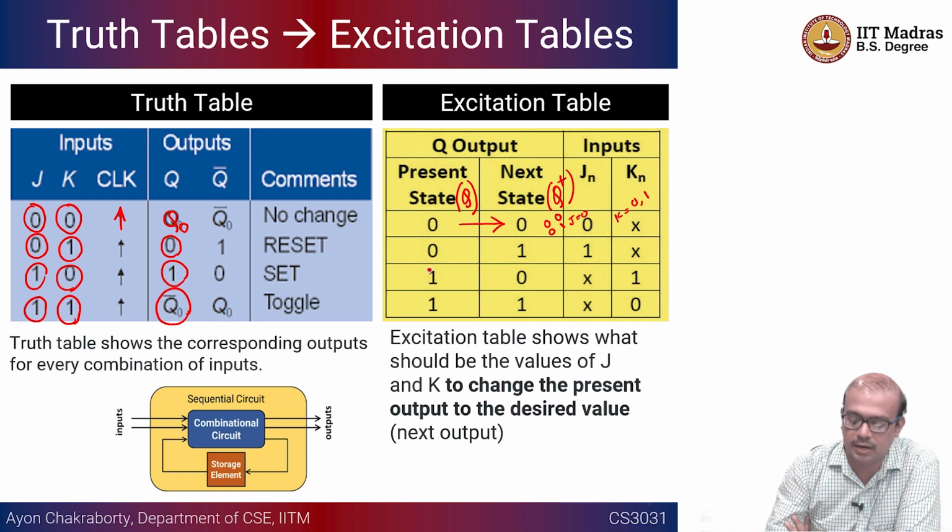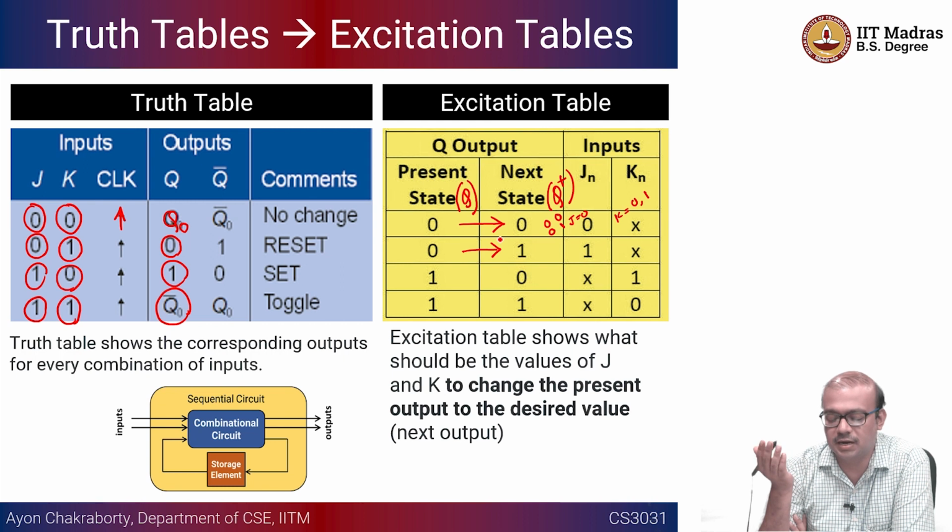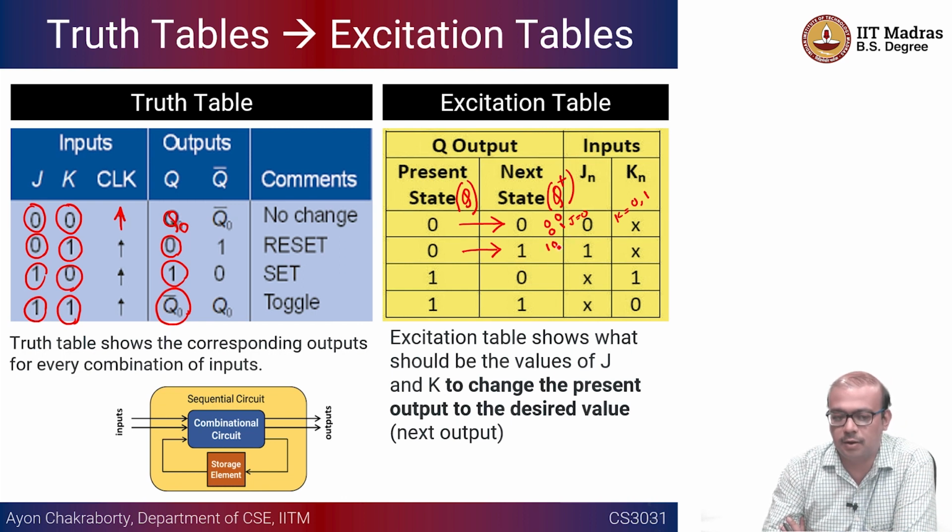Similarly, we can also look at the 0 to 1 case. You can say that 0 to 1 means I am setting the circuit. Q is equal to 0, I don't want to know whether it is 0 or 1, but what I care about is that the next state is going to be 1. So what can I do to the circuit such that Q becomes 1? I can set the circuit, which basically means that J equal to 1, K equal to 0. You might say that no, I want to look at it from a different perspective.